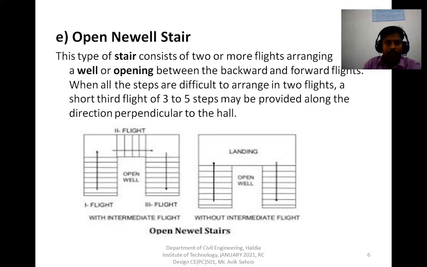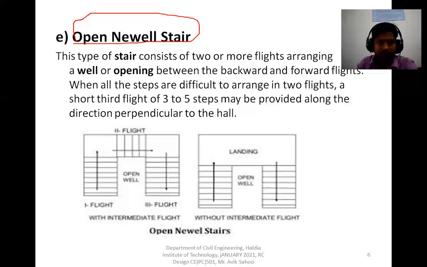Another type of stair is the open newel stair, or open well stair. You see that in the two flights, an opening is provided in the middle, between the forward flight and the backward flight, and another flight is introduced.